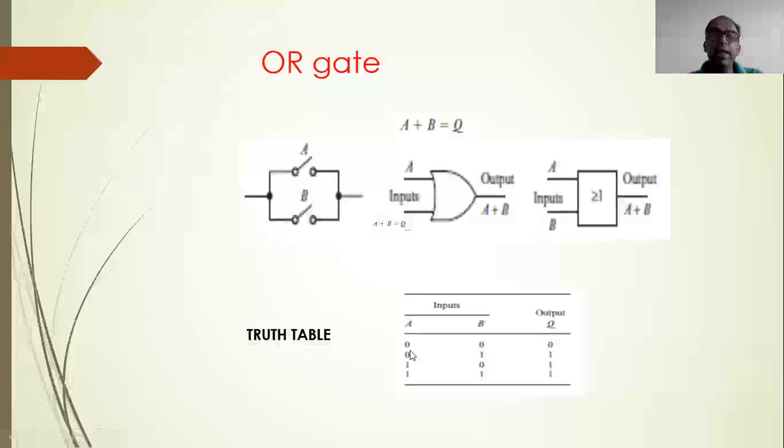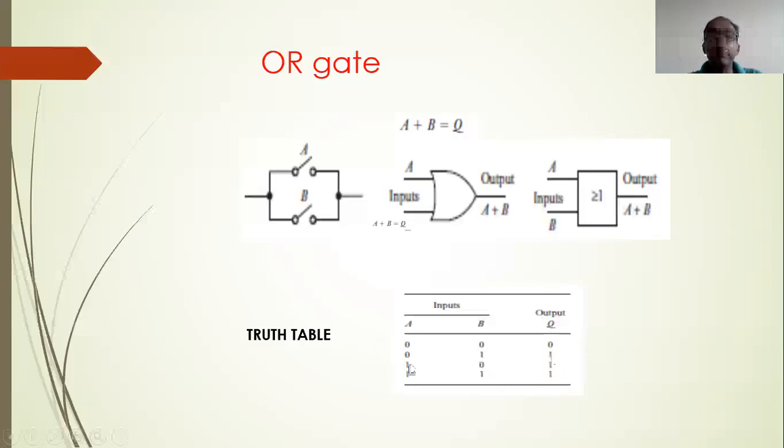If A is 0, that is A is off and B is on, B is switched on, so this is OR gate. A or B, any one of it is on, then I'll be getting output as on or 1. A is 0, but B is 1. So either of the two, A or B is 1, then output Q will be 1.